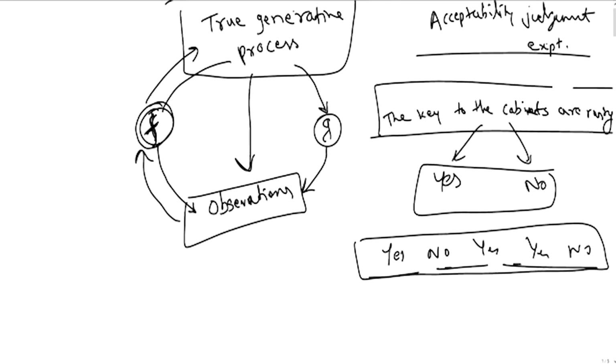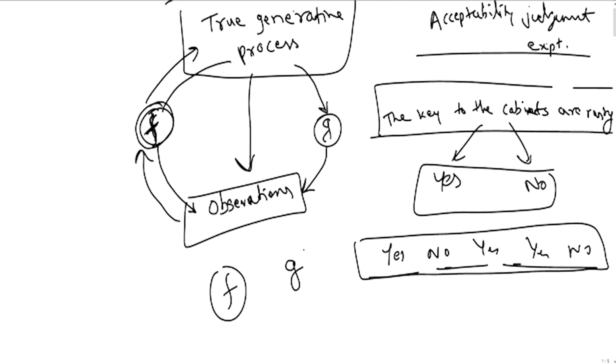Okay, so these data are produced by g, that's the claim. Now what would you do? So they are competing claims, competing assumptions. One assumption is that these observations are coming from a generative process f, another one says these are coming from generative process g, right? Well, in this case, given the data, you would compare f and g.